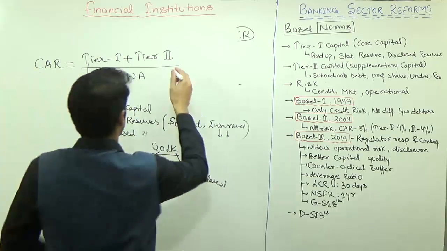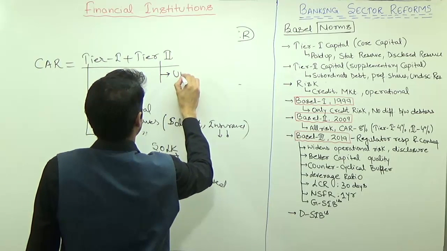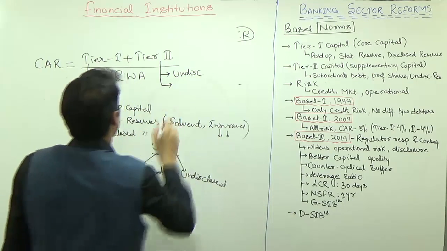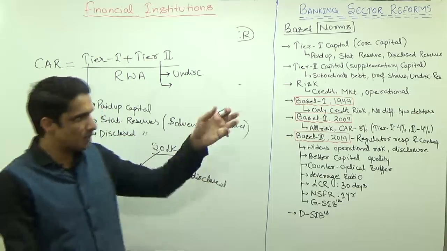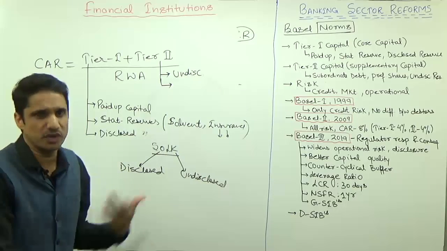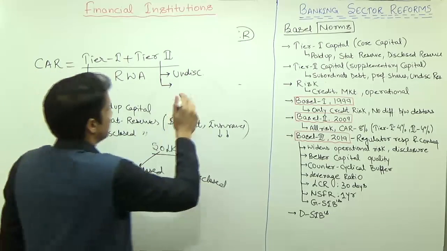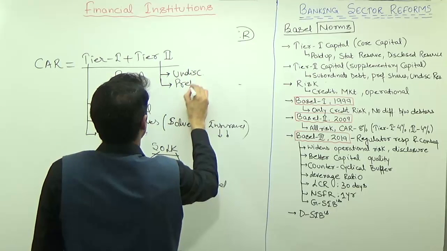Then we have the tier 2 capital. Under this tier 2 capital, the first one is undisclosed reserves. The amount which you are not disclosing is the supplementary. Of course, that is a type of capital, that is your asset, but in the priority order it is known as second priority. It is tier 2, just a supplement to the core capital. First we have the undisclosed, then we have the preference shares.